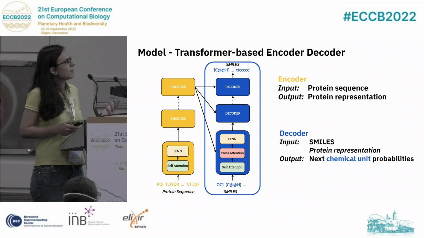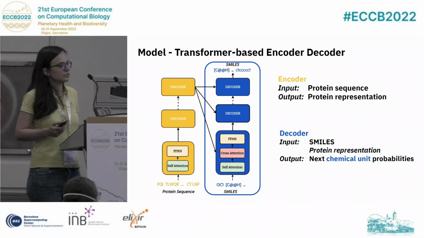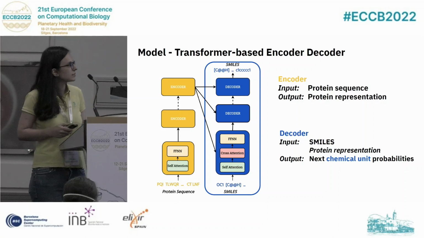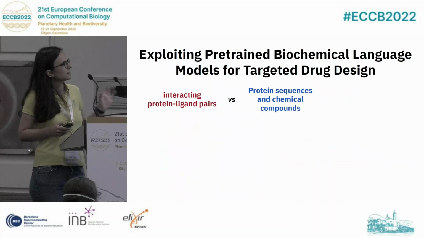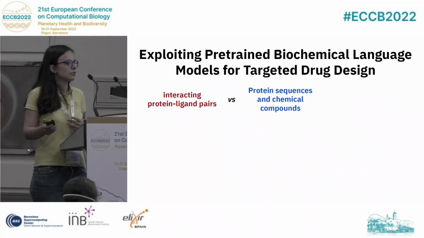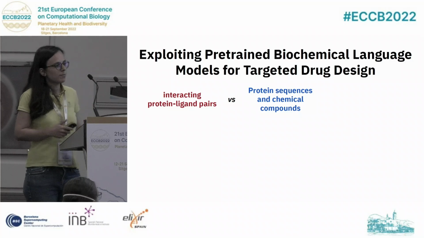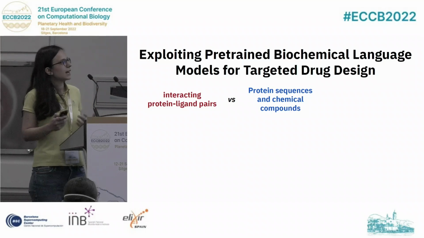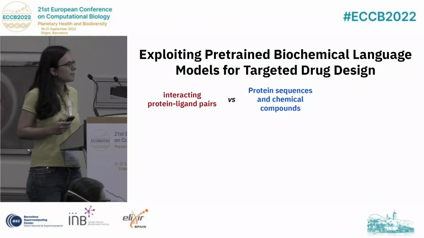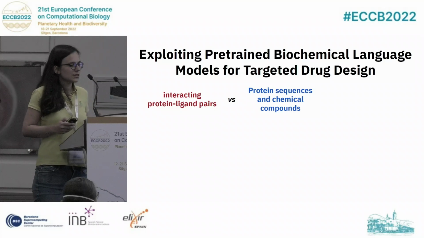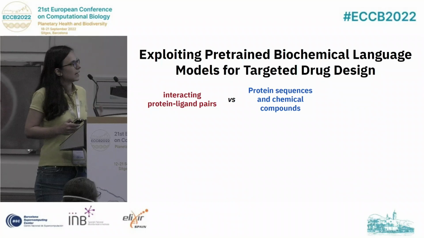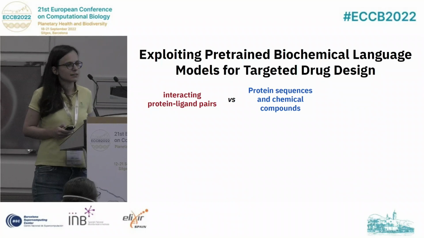This model requires pairs of sentences for training to learn translation. In this setting, these pairs correspond to interacting protein-ligand pairs. However, this data is limited compared to unlabeled protein and chemical compound sequences. The question is how we can utilize this vast amount of data. One possible way is to learn representations based on such data and then use such representations in our task, targeted drug design.